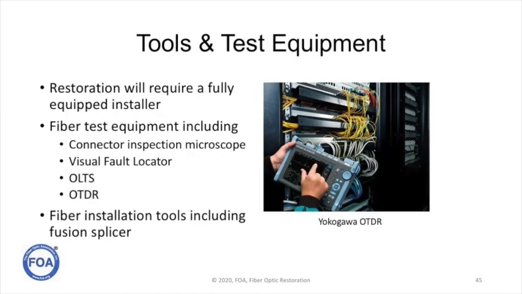Obviously, you're also going to need tools and test equipment. The restoration will require a fully equipped installer, who I might add needs to be of a very high quality and well trained and certified. You're going to need fiber optic test equipment, including an inspection microscope for your connectors, visual fault locators, optical loss test sets, and OTDRs.